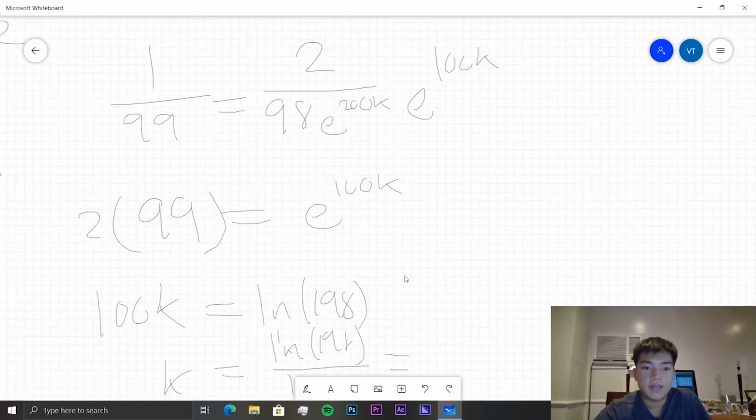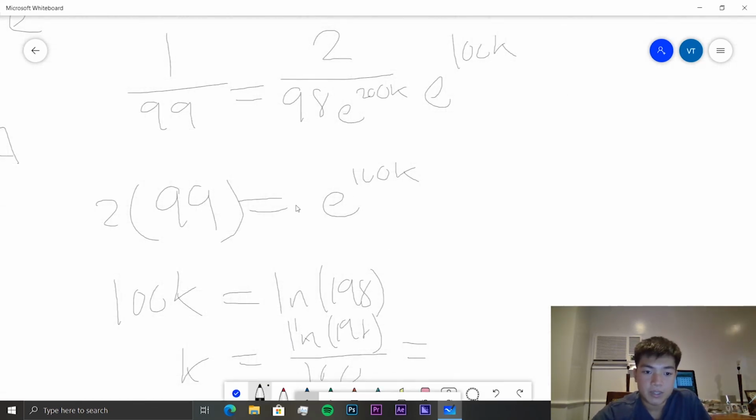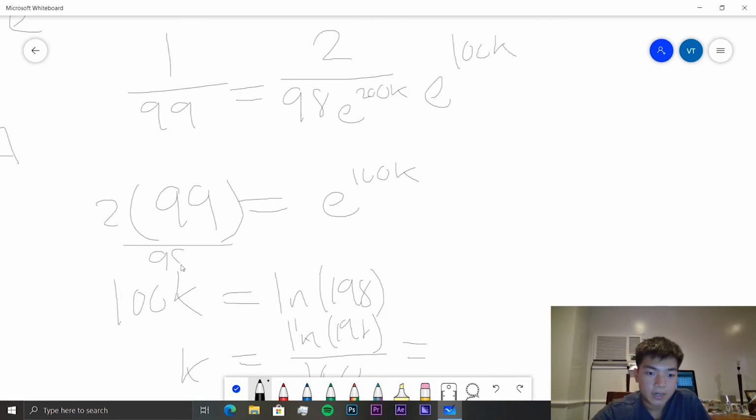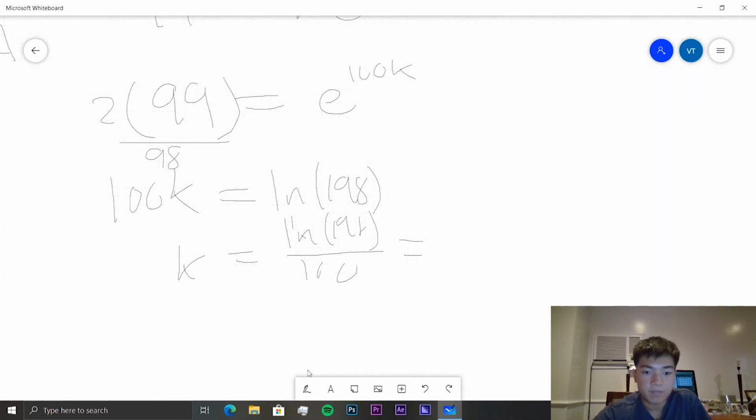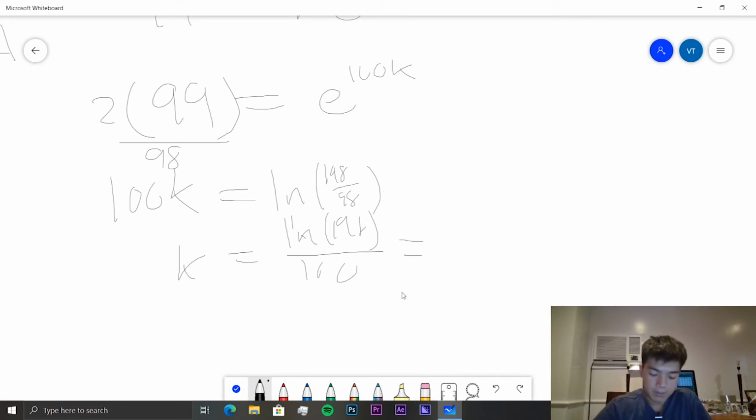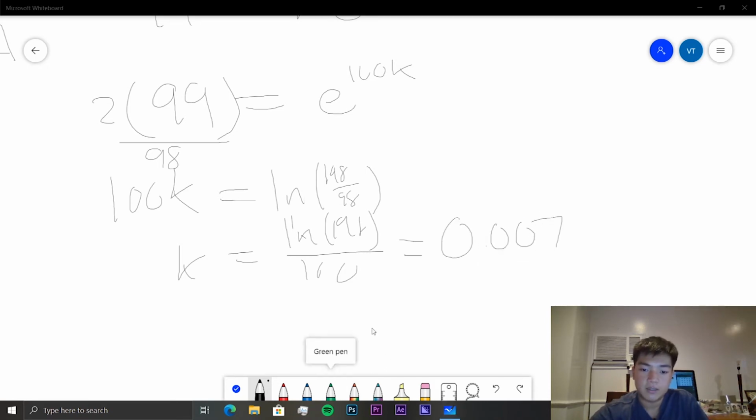Oh, I forgot about the 98. That's why. This is equal to 2 times 99 over 98. So this is actually ln 198 over 98. So this should be equal to ln 198 divided by 98 divided by 100. It's equal to around 0.007.